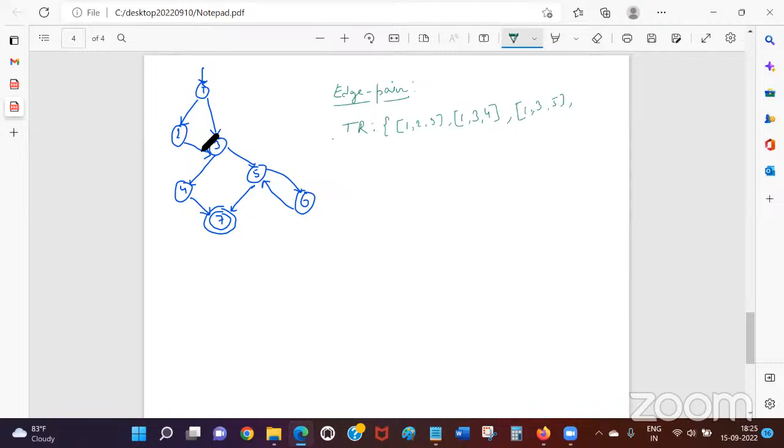Okay, 1, 2, 3, 1, 3, 4, 1, 3, 5. There is no other 3-node path starting from 1.